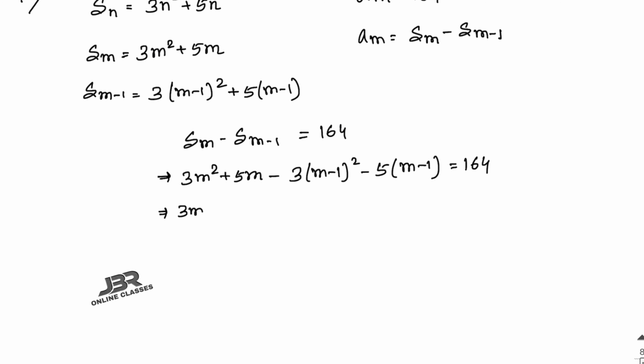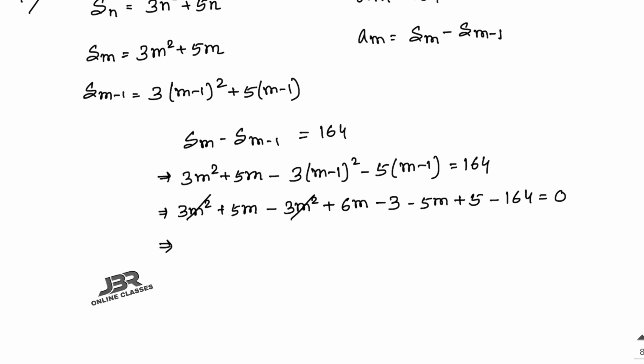So write down 3m square, then 5m, then minus 3m square plus 6m, minus 3, minus 5m plus 5, minus 164 equals 0. Now 3m square cancels out, 5m cancels out, so 6m only, and 164 plus 3 is 167, then minus 5, it's minus 162, equals 0.